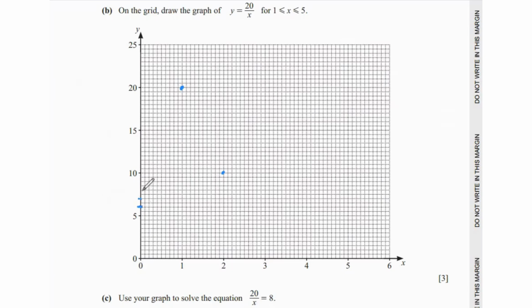So this is 6, 6.5. So 6.67 is going to be somewhere over here. And then we have 4 and 5. That's this point. And then we have 5 and 4. So that's going to be this. So now we will connect the points.